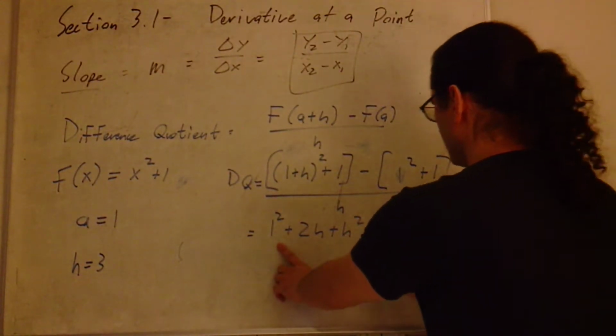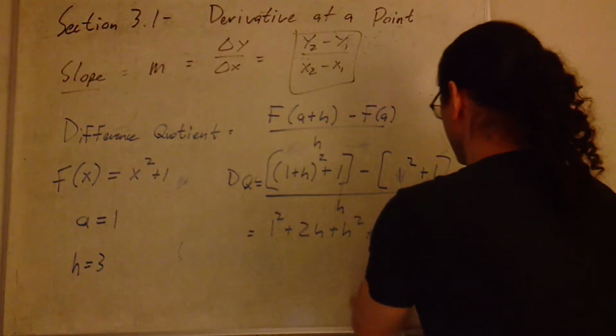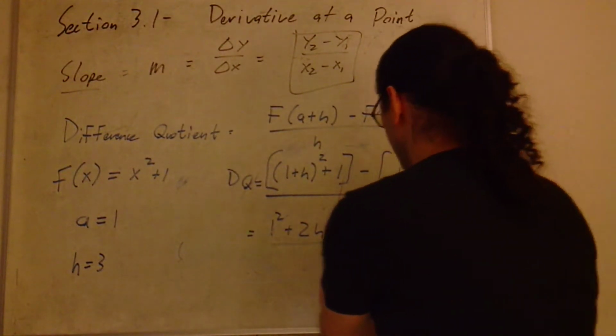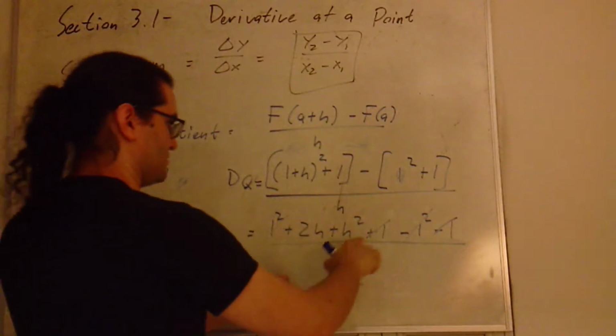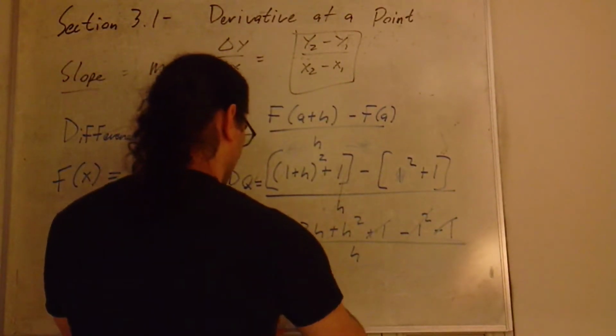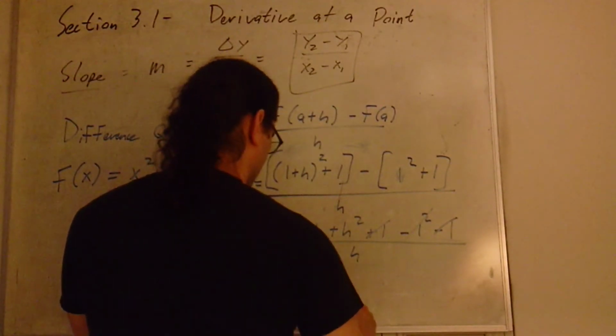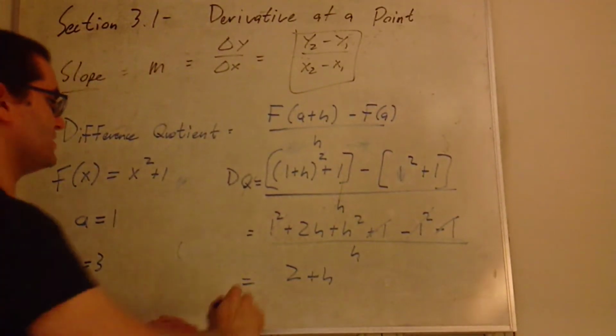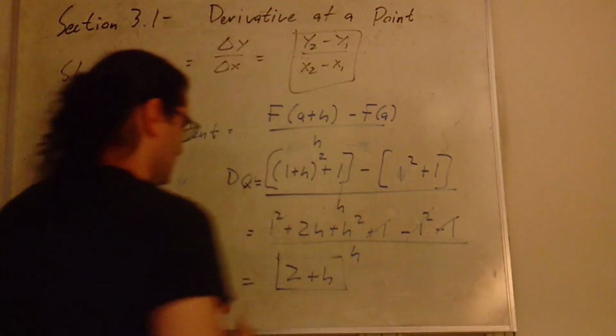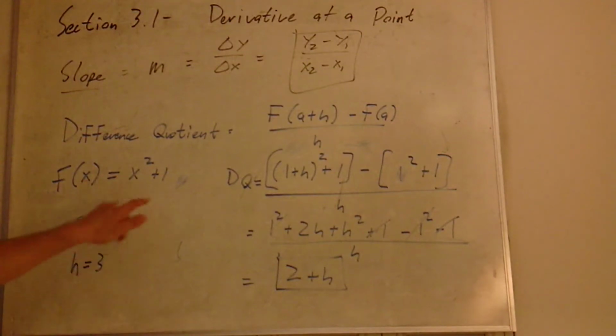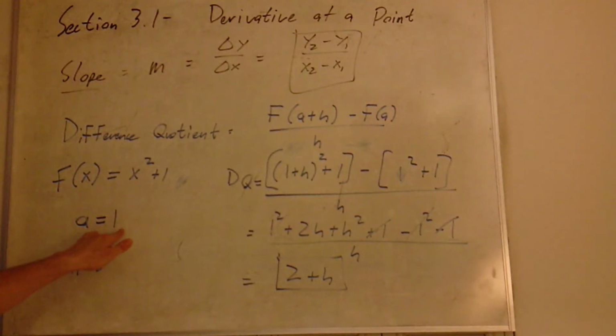So the 1 squareds will cancel, the 1's will cancel, all this is still over h. All that's left is 2h plus h squared over h, which is 2 plus h. So 2 plus h is the difference quotient using h's, and fixing a is equal to 1.